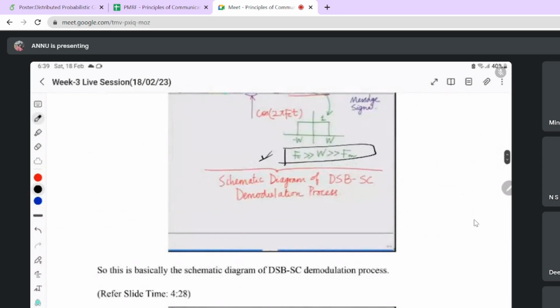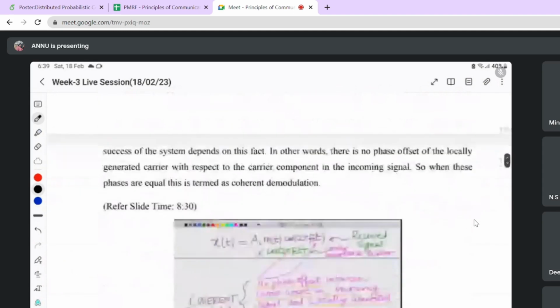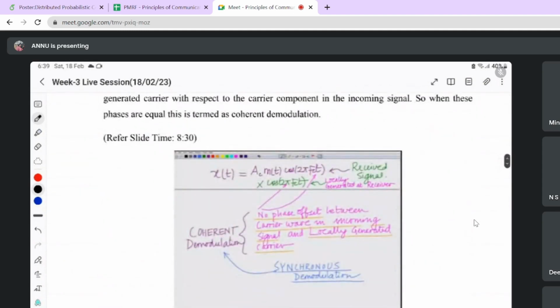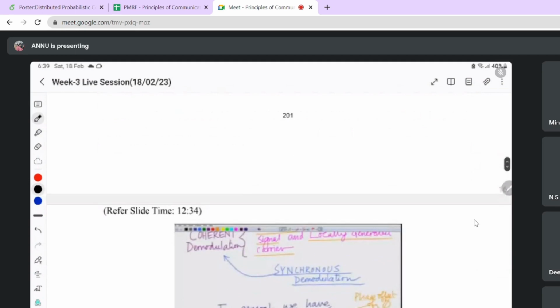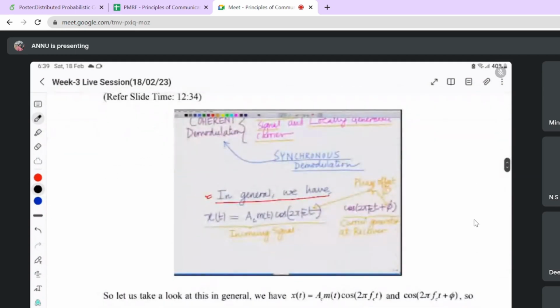So how will this offset affect our demodulation process, and how can we remove the offset problem? This is coherent demodulation, also called synchronous demodulation, with no phase offset between the carrier in the incoming signal and the locally generated carrier. In general we have some phase offset.